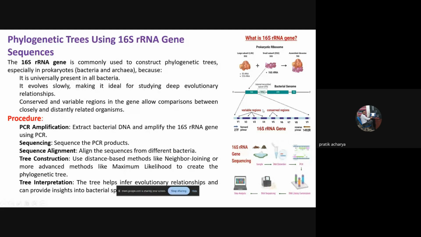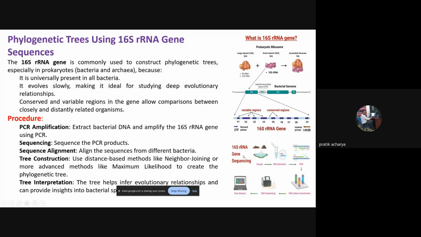Variable region, conserved region. By comparing these regions, we can compare the organismal groups. Different organisms' 16S rRNA can provide an idea about organismal ancestry. This is the basic method by which we can collect the data.